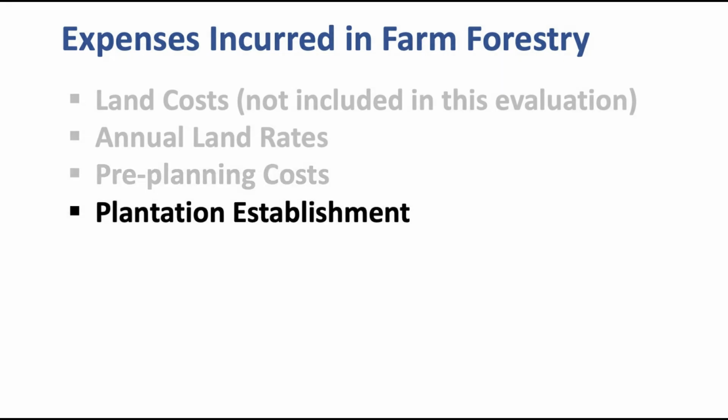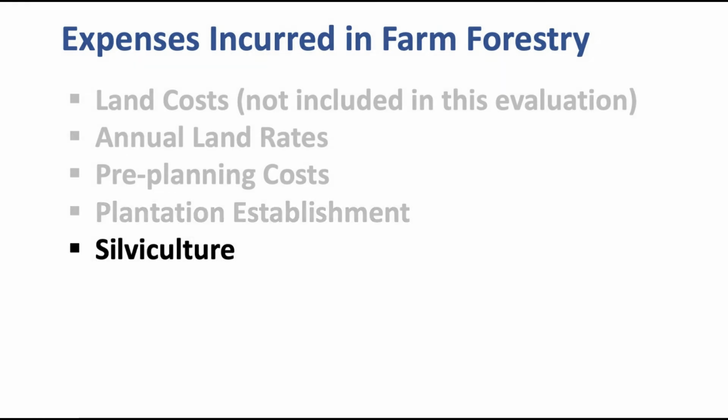And that includes things like the ripping and mounding, the pre-plantation weed control, the actual planting itself. Then the long haul begins, and over the next 25 to 30 years, you're then involved in various silviculture costs with thinning, pruning, and a range of other issues to keep the farm forestry plantation in good health.